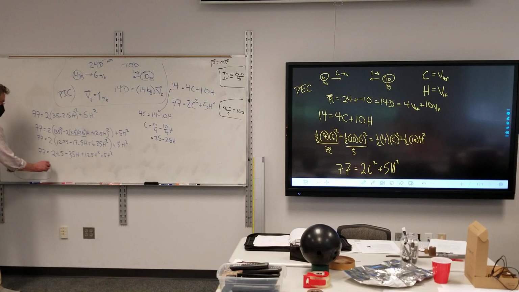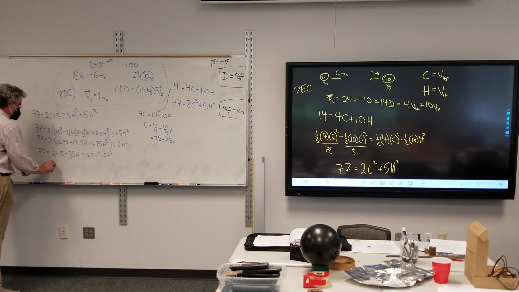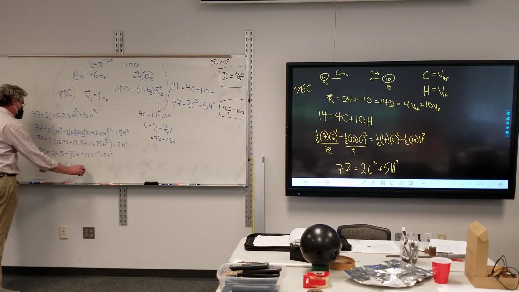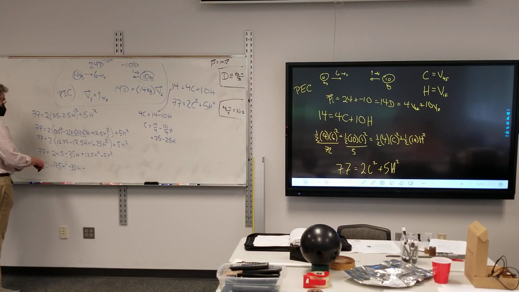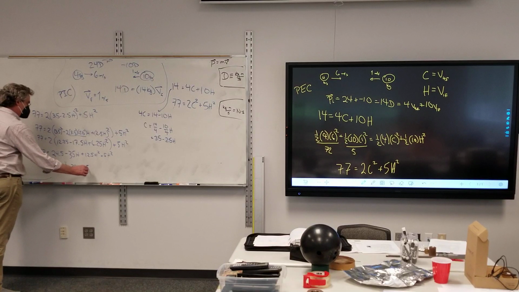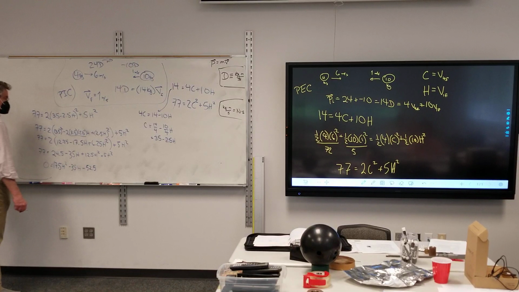So I have 0 is equal to 17.5h squared minus 35h minus, subtracting 77 from both sides, that's 52.5. Yeah, good.